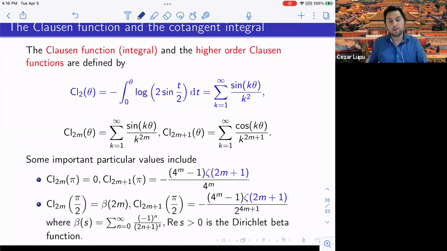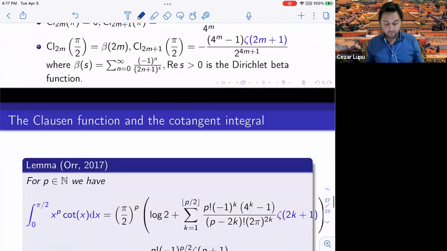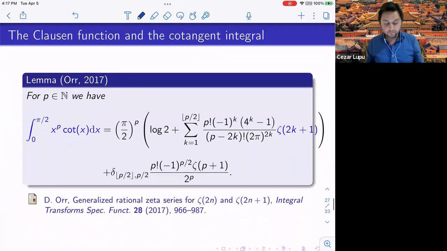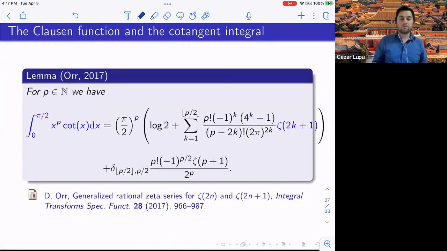And what's important here is that you can relate the values of these higher order Clausen functions to odd zeta values. And in fact, we will need this to prove this important lemma, which will be essential in deducing these two formulas. It's surprising that we haven't seen this. When Derek published this paper, he was shocked to see that there is no formula for this integral.